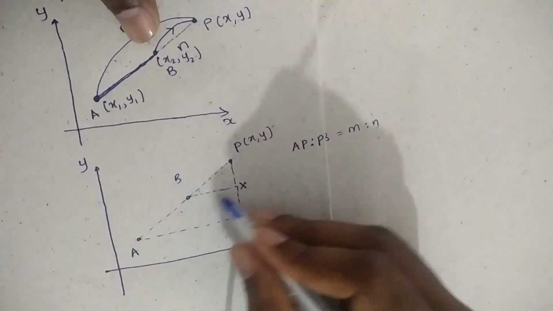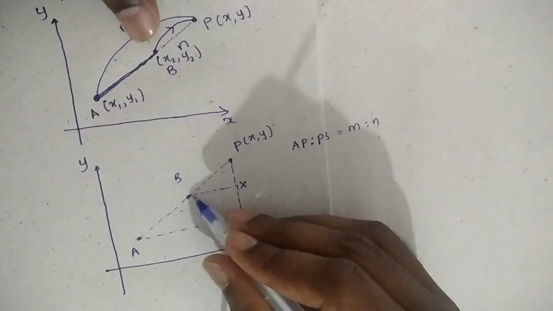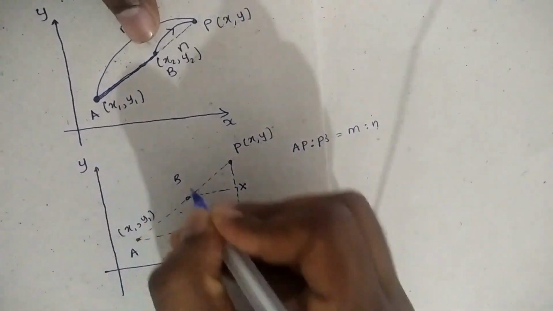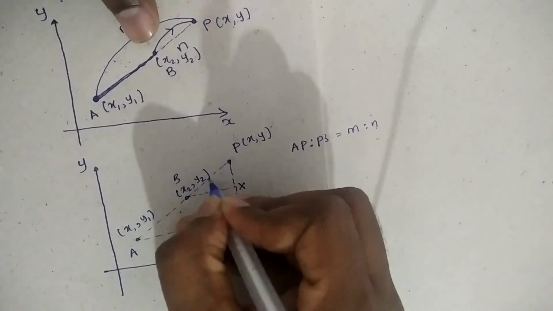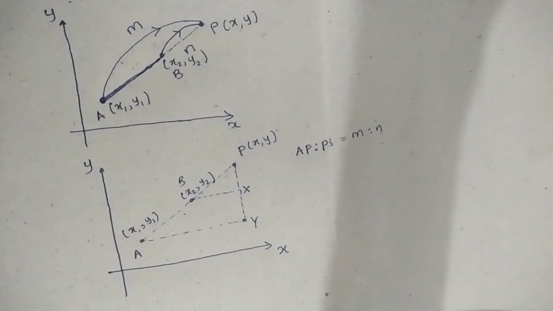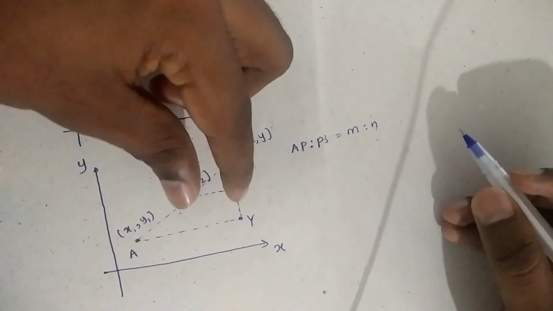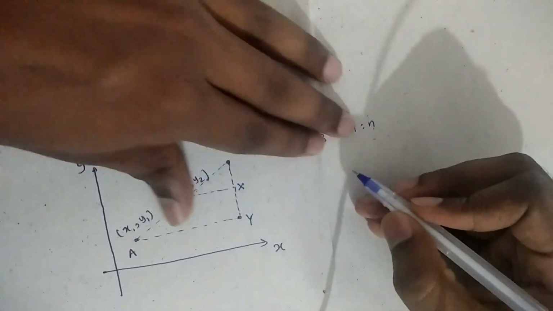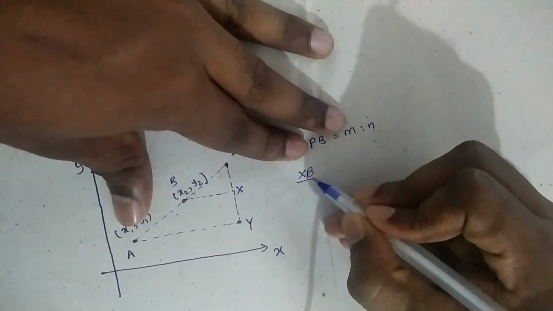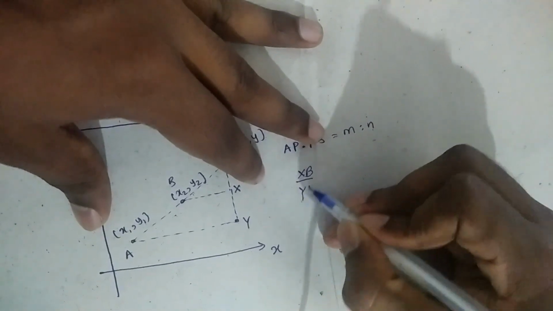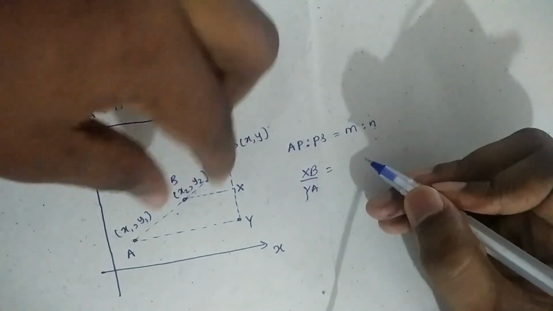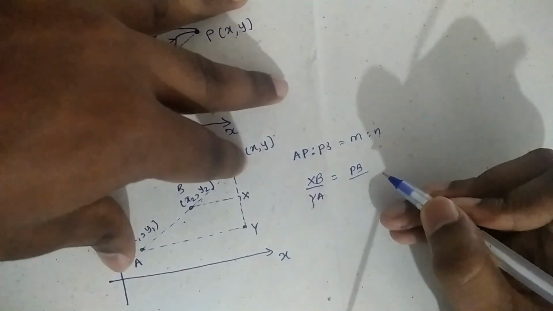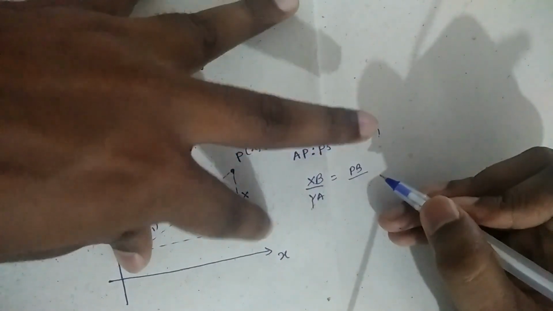Now this is going to be x1 comma y1, and this is going to be x2 comma y2. The horizontal distance between x and b is XB. From equiangular triangles, you know that XB over YA equals, XB being a part of the smaller triangle, PB, over PA, the larger triangle.